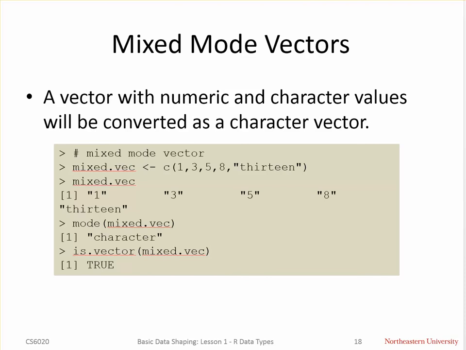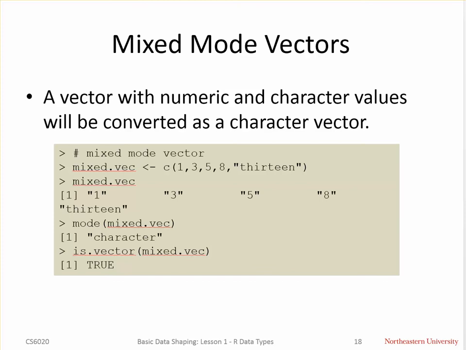Now we can actually create mixed mode vectors. So a vector with numeric and character values is going to be converted, of course, to a character vector. So while you might think that you're going to get a mixed mode vector, the actual type conversion rules of R kick in. And remember, anytime you mix numeric mode with character mode, everything gets converted to character mode.